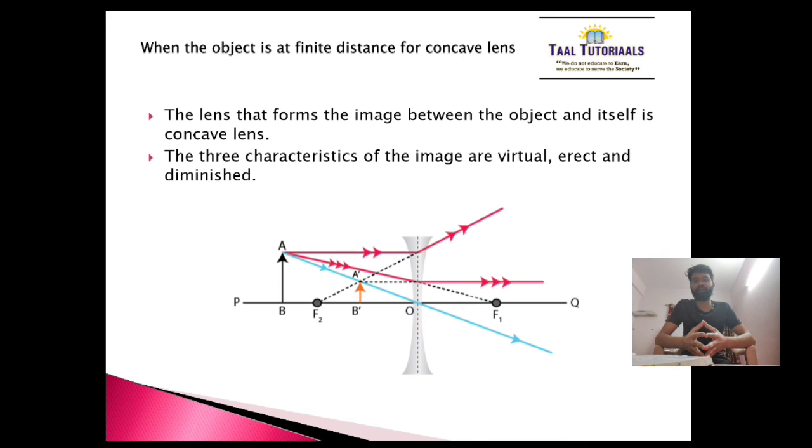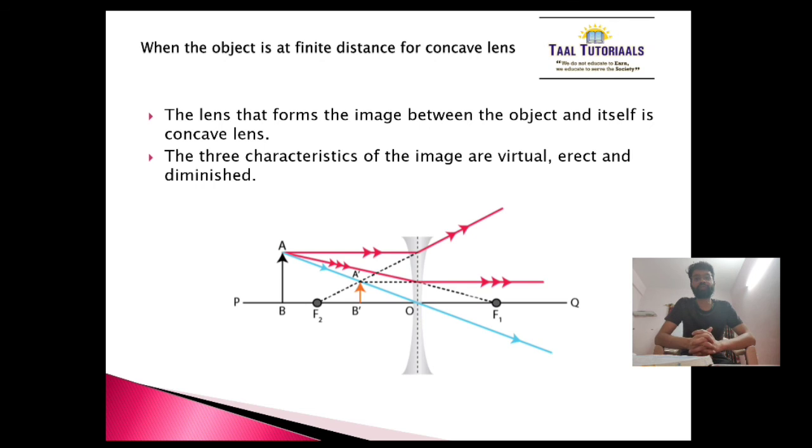Two rays AD and AO from the point A of the object, after refraction through the lens, diverge from each other. The ray AD appears to come from the second focus F2. The ray AO, incident toward the optical center O, passes undeviated after refraction as OO dash. The two refracted rays DD dash and OO dash do not meet at any point, but the refracted ray DD dash, on being produced backward, meets at a point A dash.